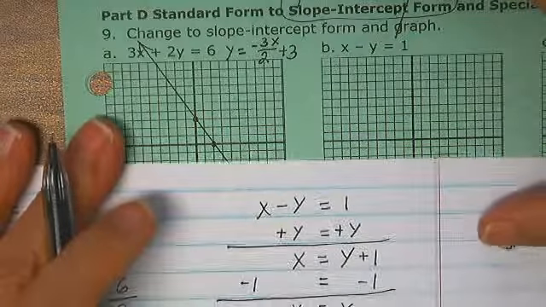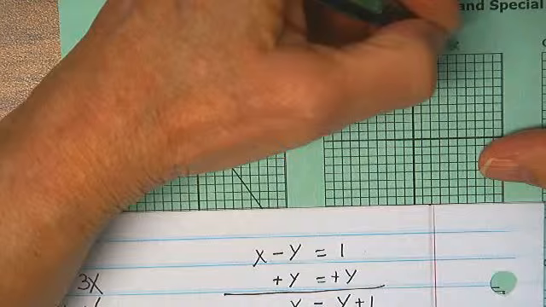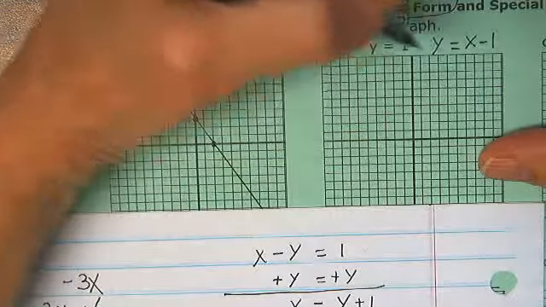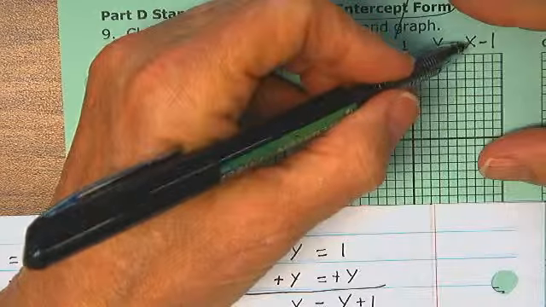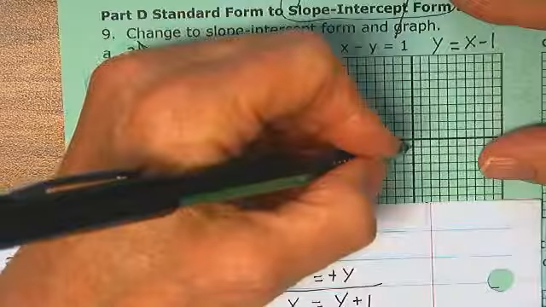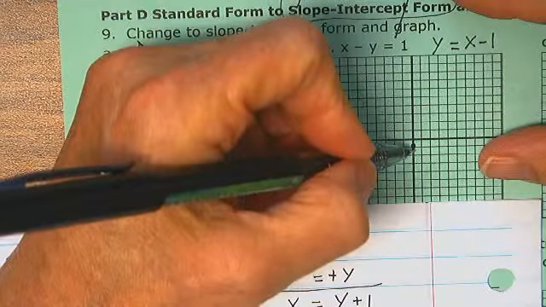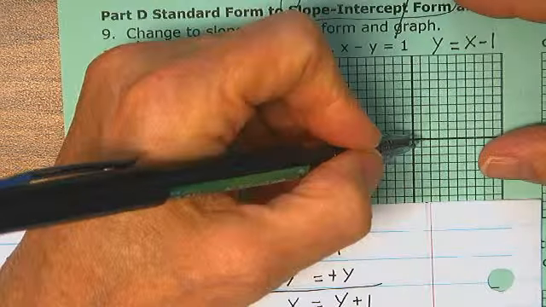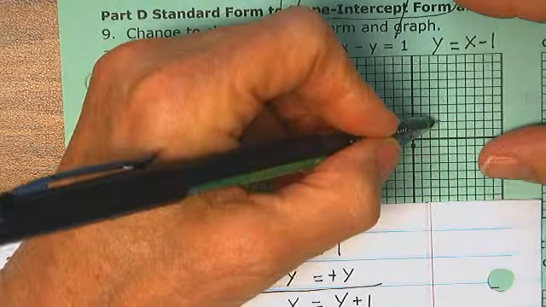Moving right along, if our equation is y equals x minus 1, then my y-intercept, if x is 0, 0 minus 1 is negative 1. My slope is positive 1, so I can go up 1 and over 1. I could go up 2 and over 2. I could go up 3 and over 3. Really doesn't matter.